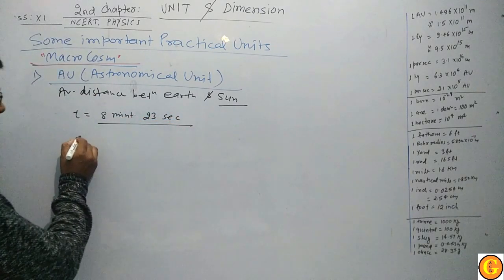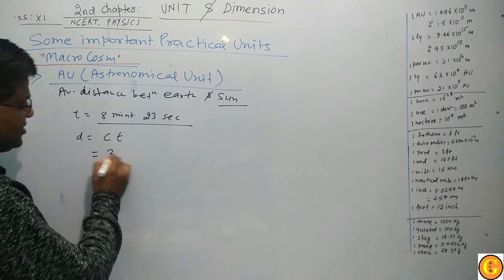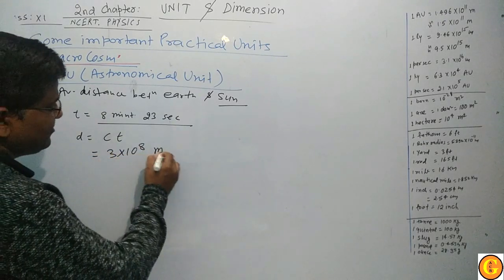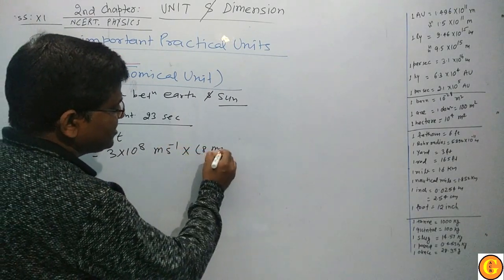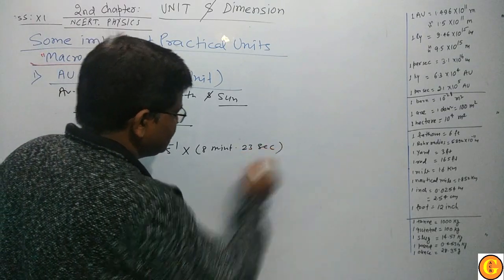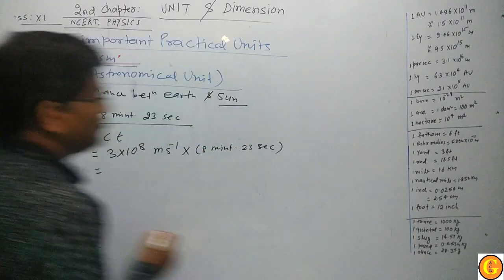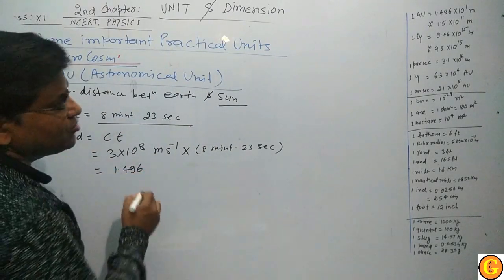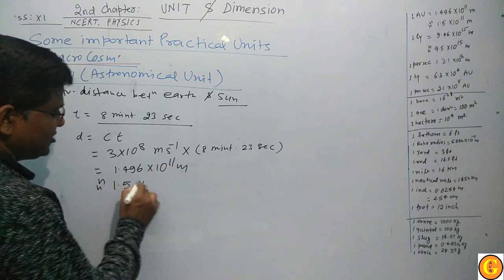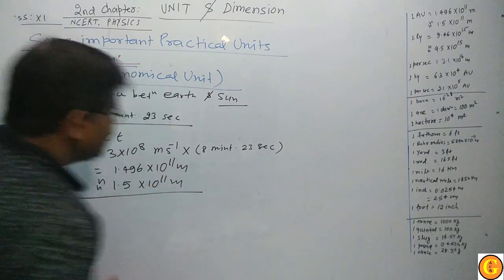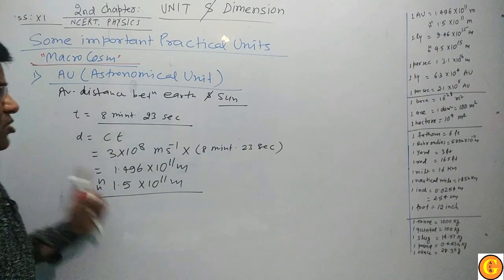You may calculate the distance s equal to ct, with c equal to 3 into 10 to the power 8 meter per second, and t of 8 minutes 23 seconds. It becomes 1.496 into 10 to the power 11 meter, approximately 1.5 into 10 to the power 11 meter. This is called the astronomical unit.